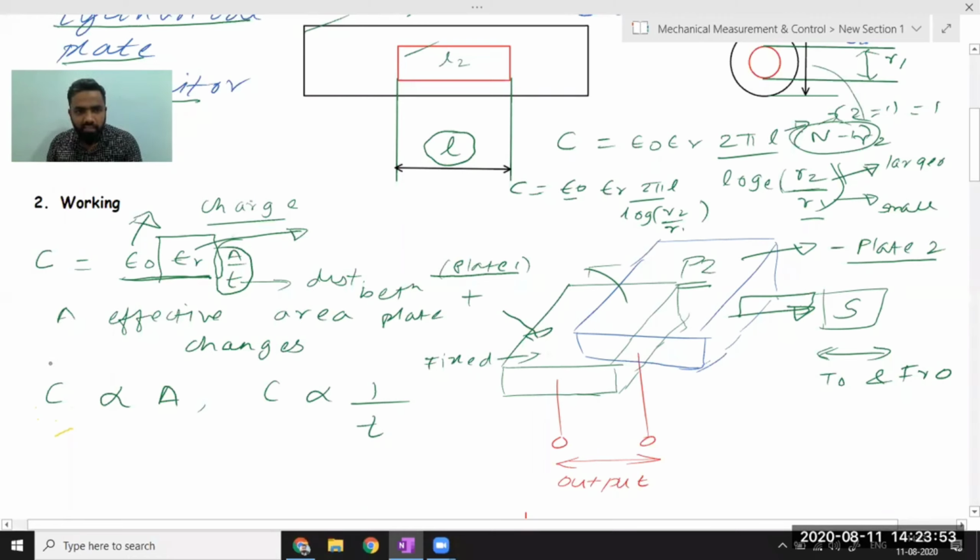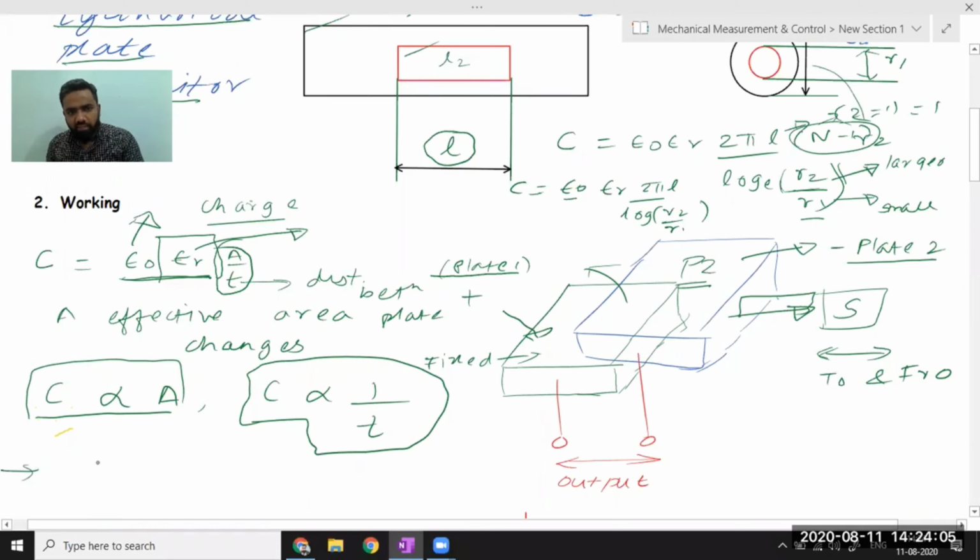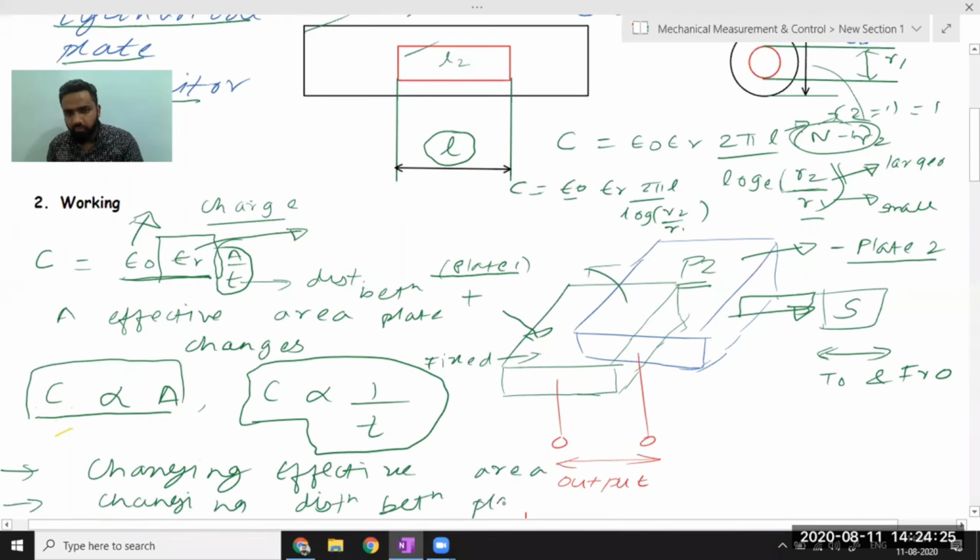So there can be two cases. If you want to measure the change in capacitance, it can be measured by two means. One is changing the effective area, and the second is changing the distance between the plates.